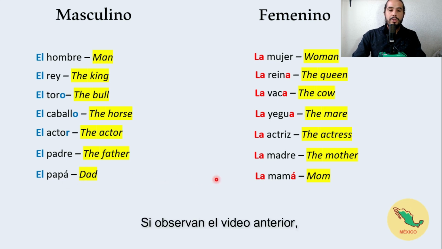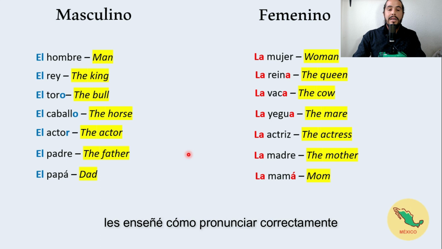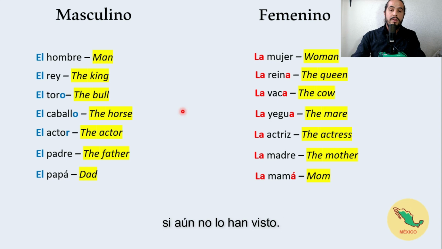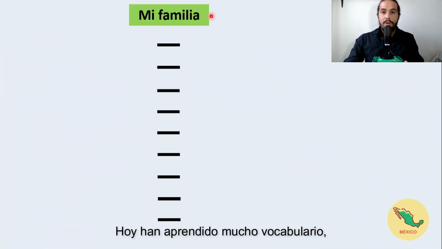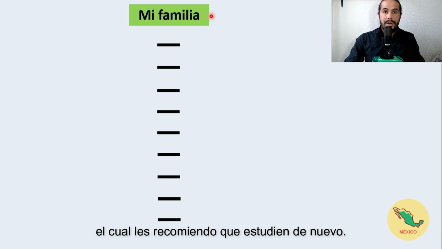If you watch the previous video, I taught you how to pronounce properly all the consonants that you can see here. So I recommend you to watch it if you have not watched it yet. Let's continue. Today you have learned a big deal of vocabulary, which I recommend you to study again.